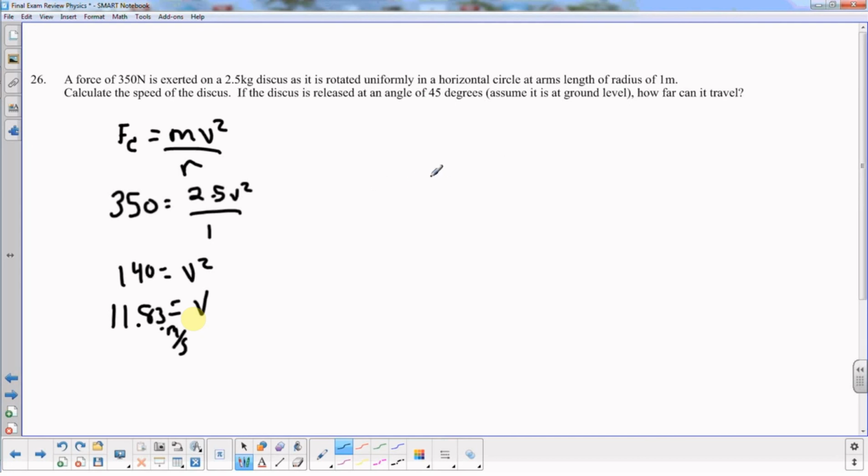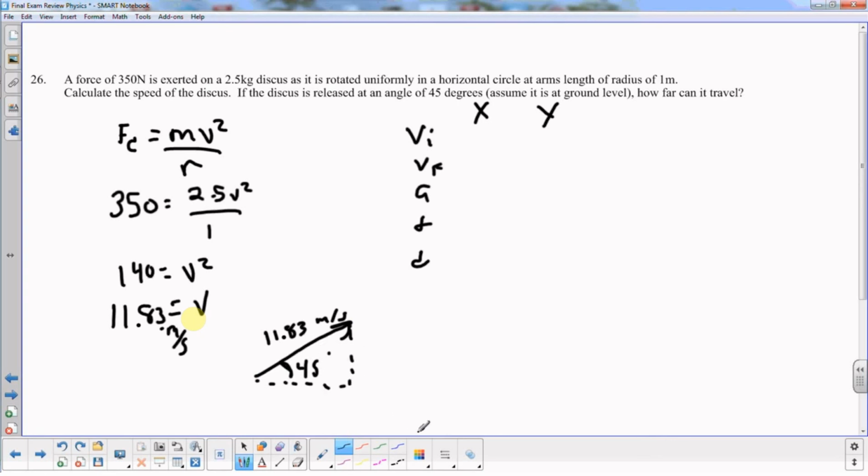This is a cool question because now I have a velocity. vi, vf, a, t, d. Oh, this guy is bringing back stupid kinematics. Not only is it stupid kinematics, but it's now x and y kinematics because 11.83 meters per second at an angle of 45 degrees. Now I need to know this stuff. So we're going to have to make sure that our calculators are in degree mode.